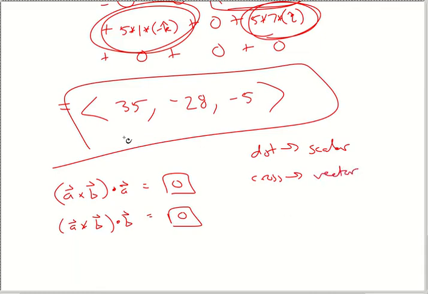That's why we got a vector answer right here. Those are scalar answers because you had a dot product in the end. Now, what does it mean to have that 0 there? It means your cross product is orthogonal to the other vectors, therefore the angle between them is 90, etc.